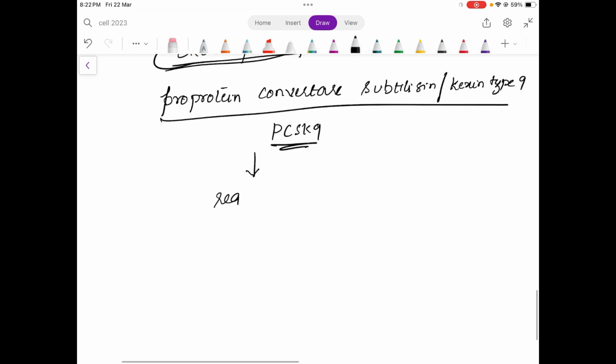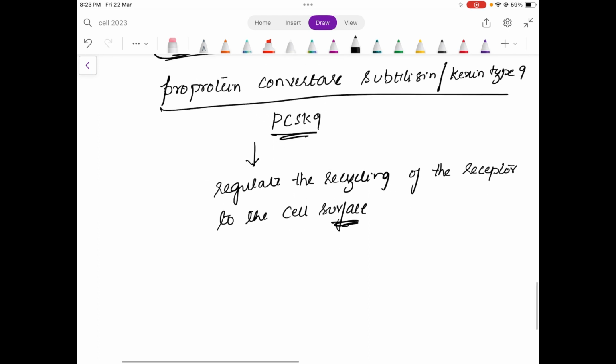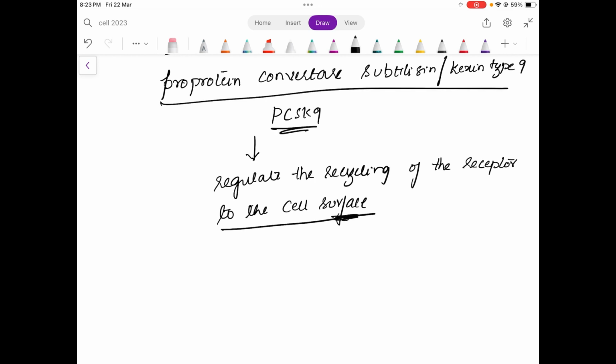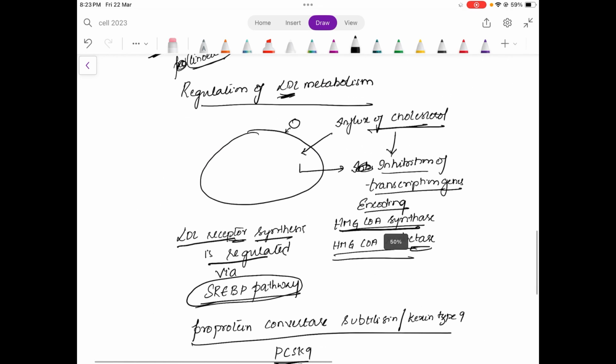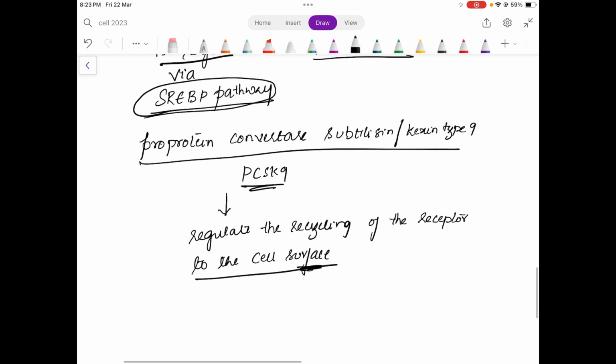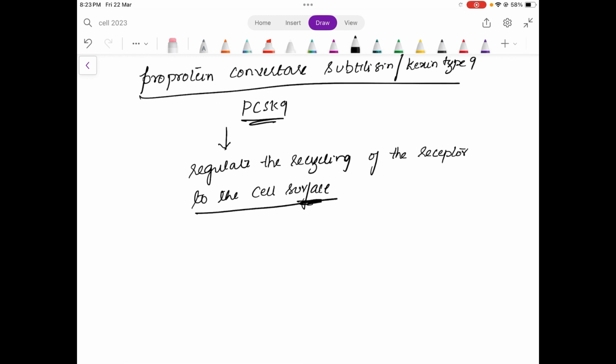What it will do, it will regulate the recycling of the receptor to the cell surface. This is how LDL metabolism is regulated. Now this ends the LDL metabolism. Thank you.